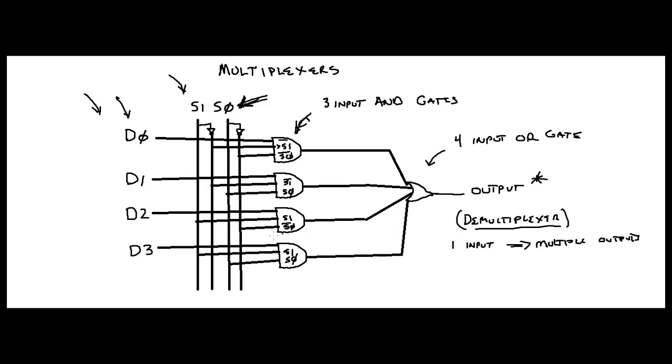So obviously a multiplexer, you have multiple inputs and you're going to choose which one goes to the output. The demultiplexer, you have one input and you choose which one of multiple outputs it's supposed to be going to. So multiplexers are switches, if you want to think of them like that. Okay?